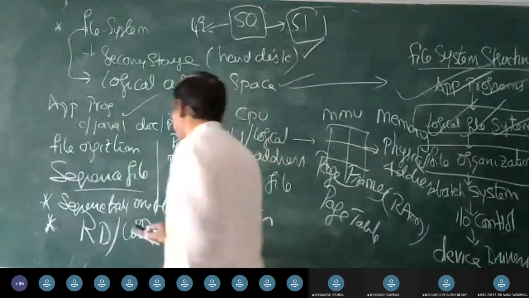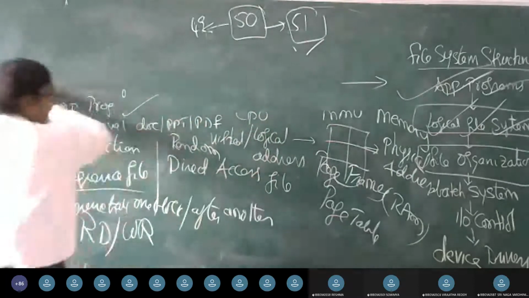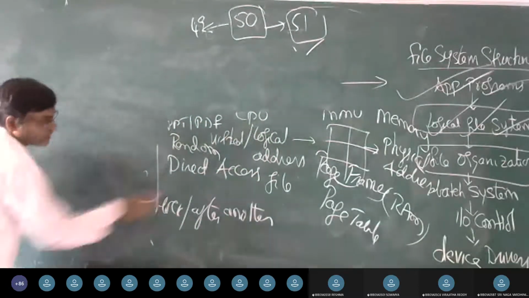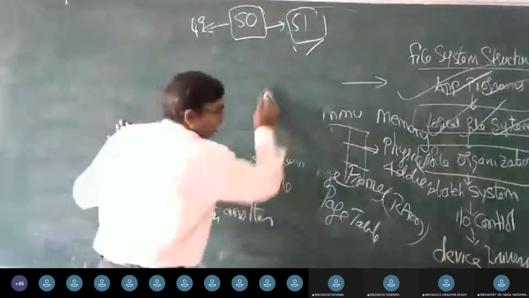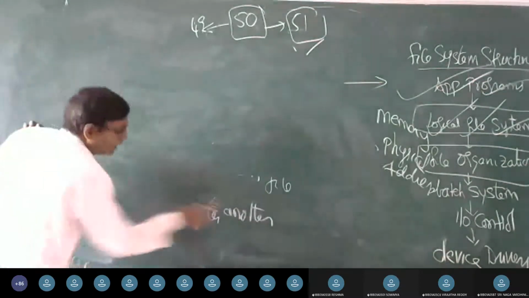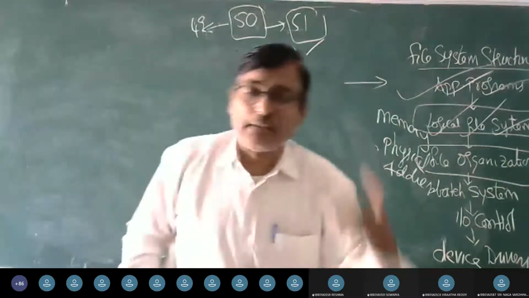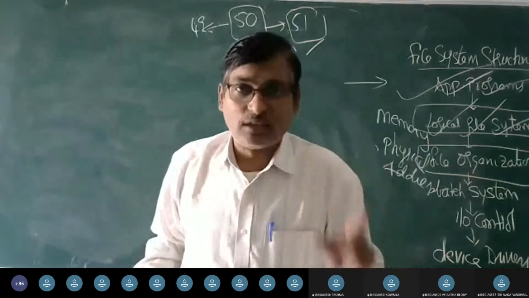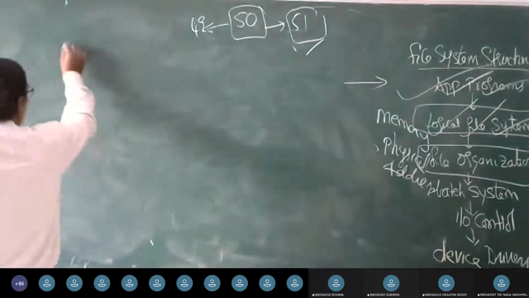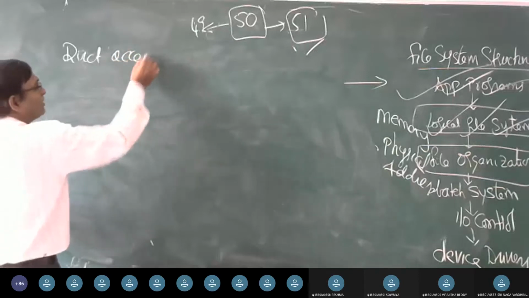The drawback of the sequential file system was that we access records one after the other, so we have more latency and more access time to reach a record. That was the drawback of the sequential file. Therefore, we move to a system called the direct access file.